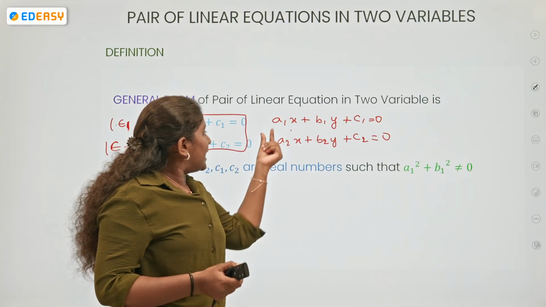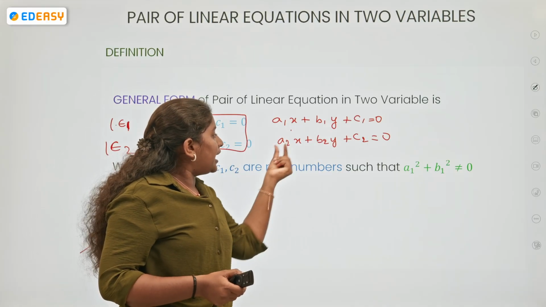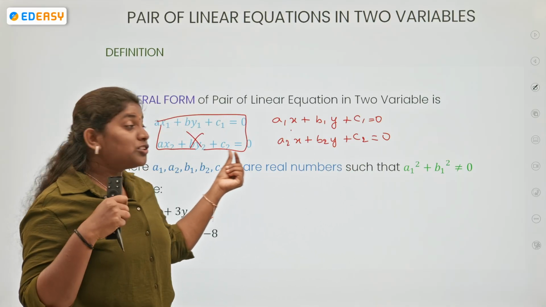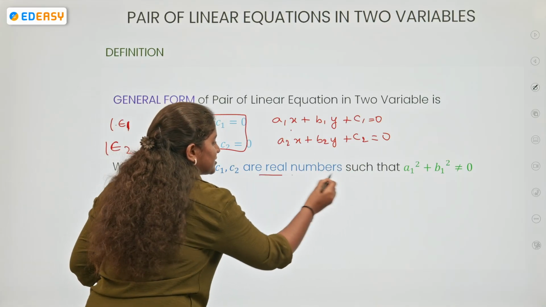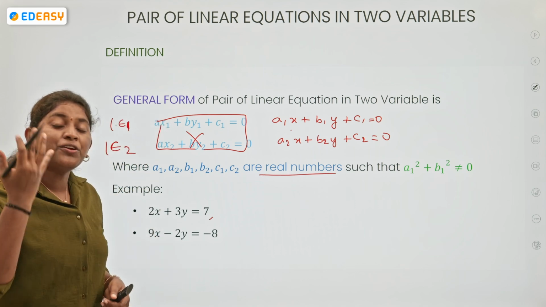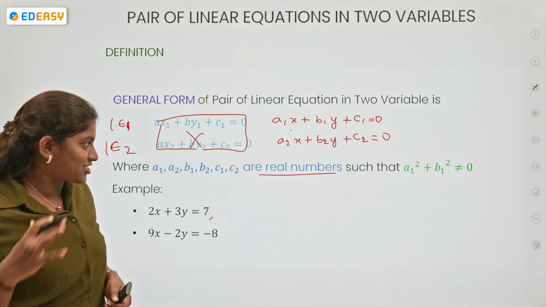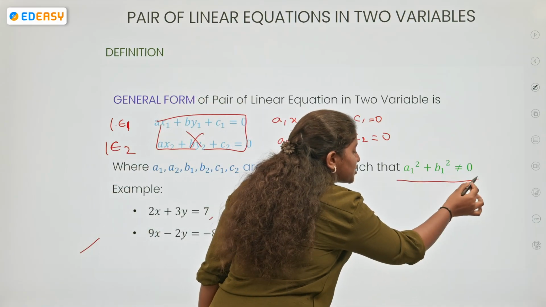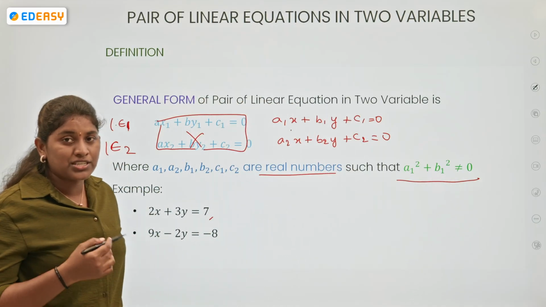Where these A1, B1, C1 and A2, B2, C2 are the coefficients. And what are those numbers? Those numbers are real numbers. Real numbers means they can be rational or irrational. And coming to the conditions, A1 square plus B1 square should be not equal to 0.